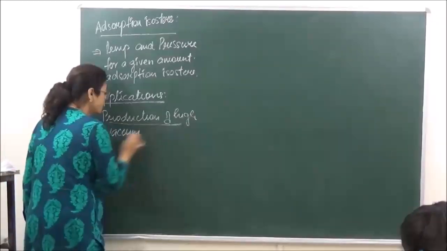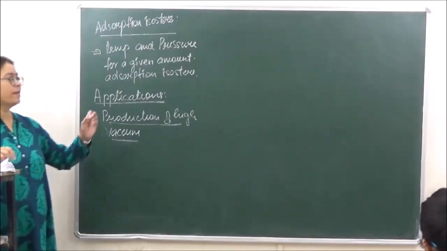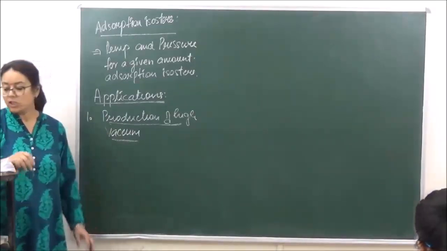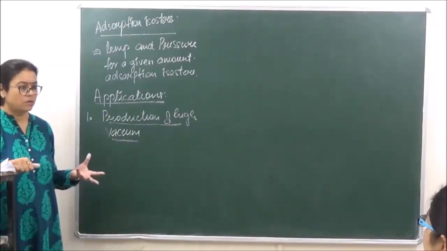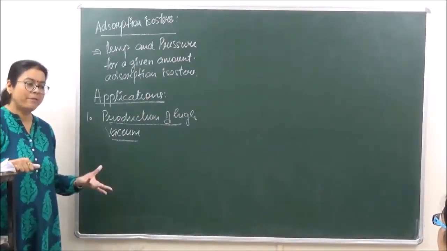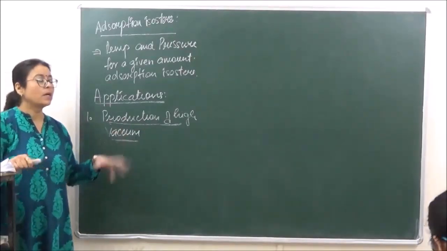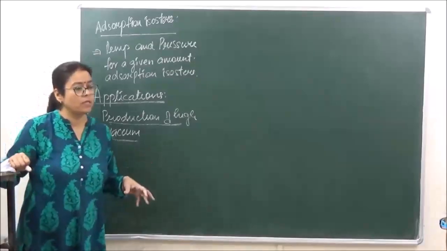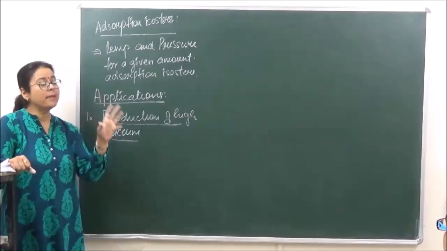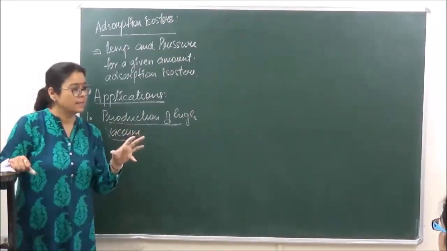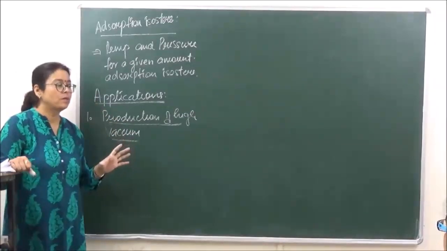What is done in this process is, for example, we take charcoal that is cooled in liquid air, and then we connect it to a vessel which is already empty. Now, the purpose of keeping this charcoal is that it will adsorb all the remaining air in the vessel, as a result of which it is going to create a high vacuum.